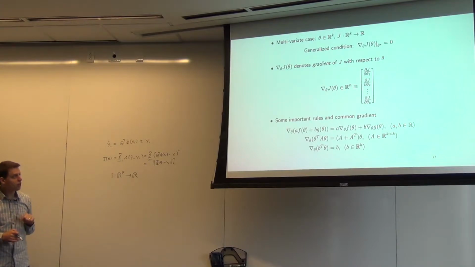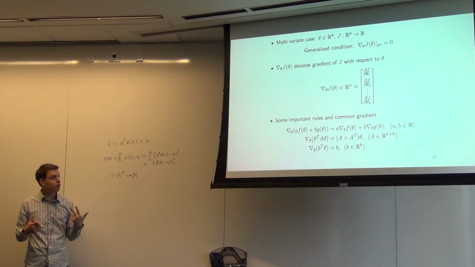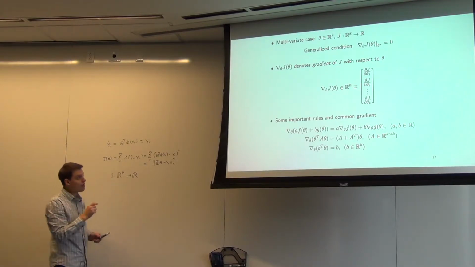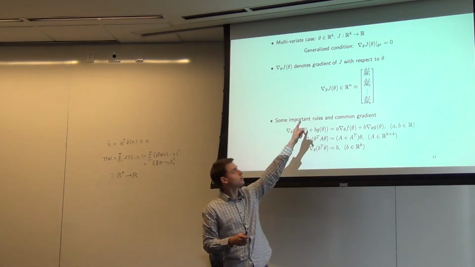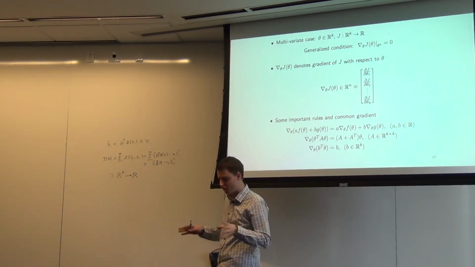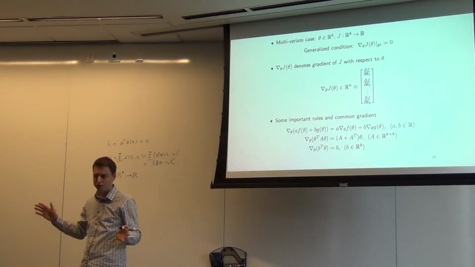And the generalized condition for setting the derivative equal to 0 is something called the gradient. Theta will minimize j. This is assuming j is smooth and things like this. We won't worry too much about these conditions here. We're going to assume it's differentiable. We can take all these derivatives.